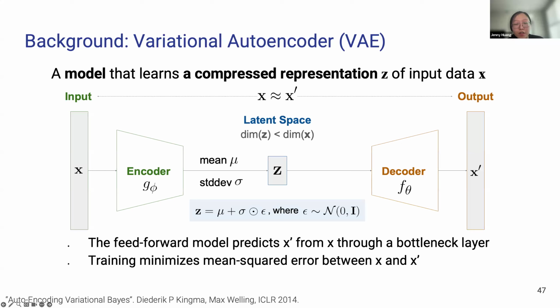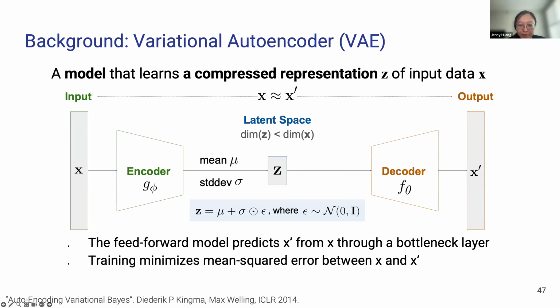The training of the encoder and decoder networks tries to minimize the mean square error between the input X and output X prime. After training, the bottleneck layer Z becomes a lower dimensional representation of the input variable, or input feature, X, because we are able to recover this information from the Z vector back to the X prime that resembles the input X.